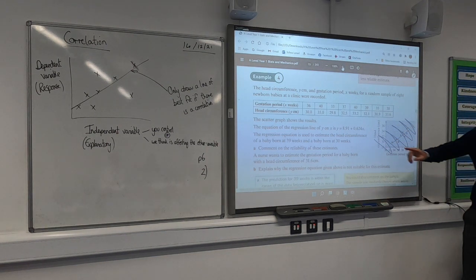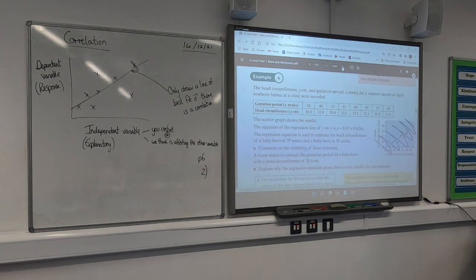How can I tell from my equation of the line of best fit that I'm dealing here with a positive correlation? How can I tell I'm dealing with a positive correlation, George? Because the gradient's positive. Yeah, gradient's positive. So I know that a gradient of 0.64 is positive, so this is an uphill line.